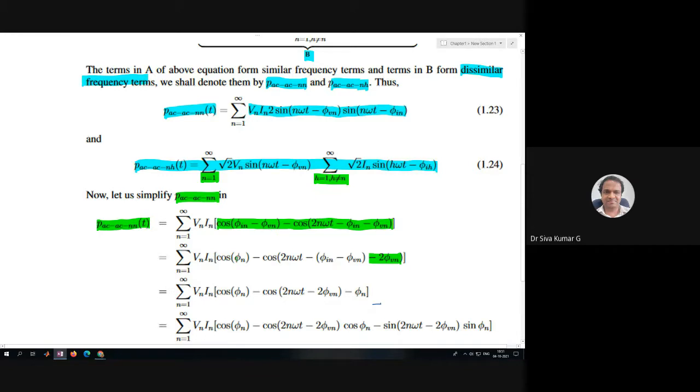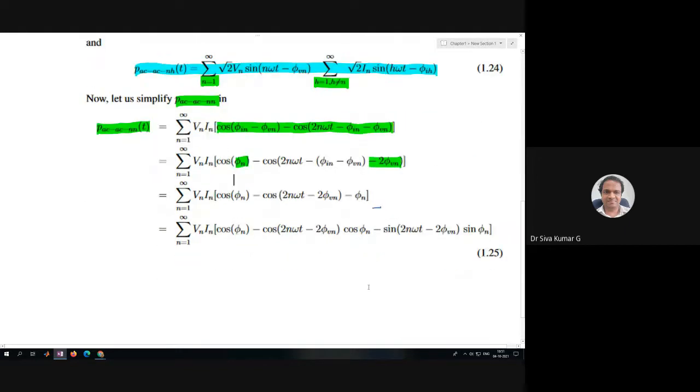Again, we are representing the equation of Va times cos phi n and cos 2n omega t minus 2 phi vn minus 1. Why we have represented it this way is in order to come out with this sort of equation.